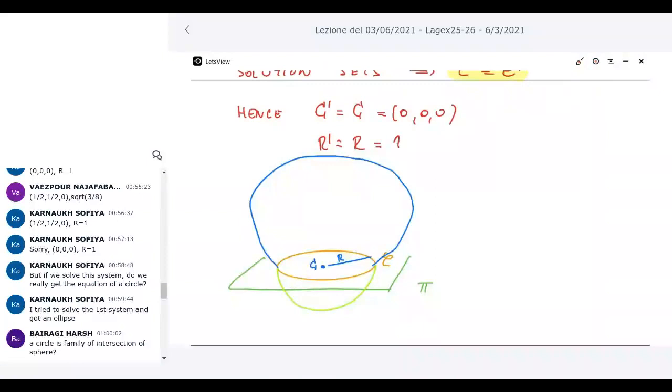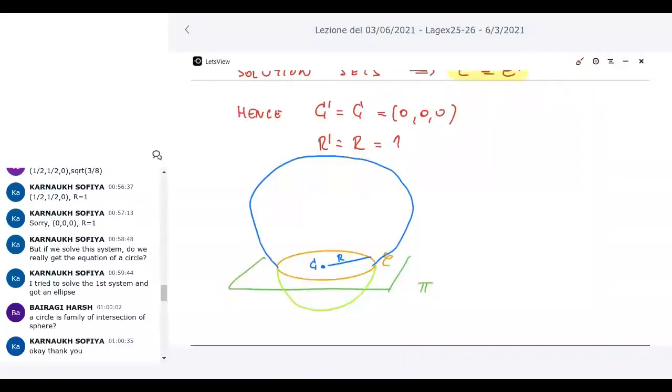And there are infinitely many spheres and planes intersecting in that circle. The plane is uniquely determined, but the sphere is not. The circle determines a plane, but not the sphere. There are infinitely many spheres. And there is no one Cartesian equation of the circle, but you need two to get it.